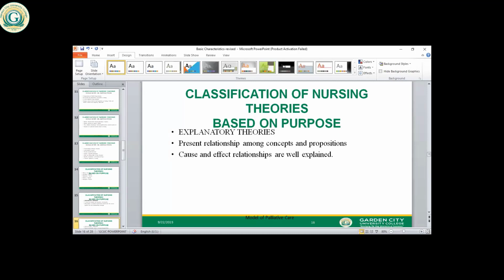An explanatory theory will show the relationship between the two. A descriptive theory will just describe how the situation occurs, but an explanatory theory will try to show how, if you do not maintain proper hand hygiene, it can bring about infection. So cause and effect relationships are well explained.